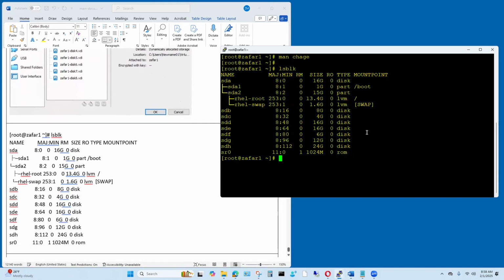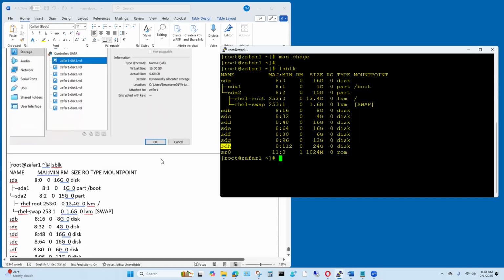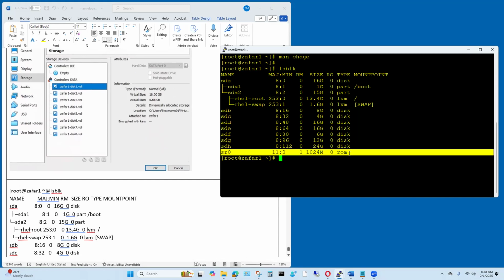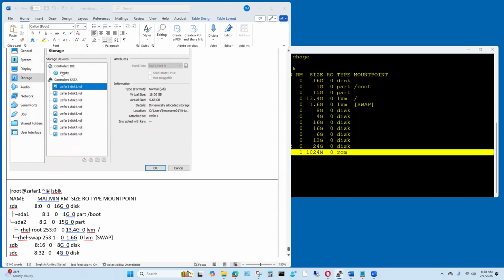So what I have here is SDA, SDB, SDC, SDD, E, F, G, H. If you count from A to H, how many do you have? 8, right? 1, 2, 3, 4, 5, 6, 7, 8. And this SR0 is a CD-ROM.